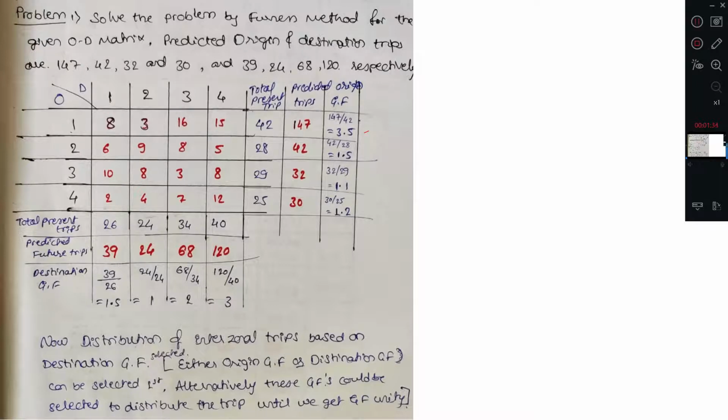So here the question given is: he has given the OD matrix, whatever is written in the red pen is the given data in the question. Solve the problem by the Furnace method for the given OD matrix.